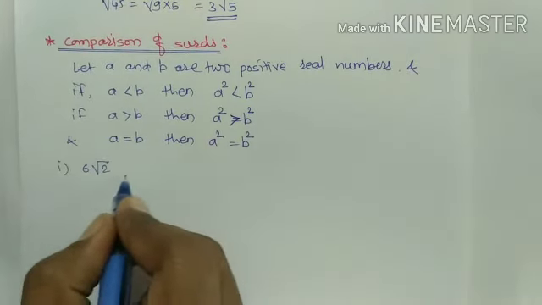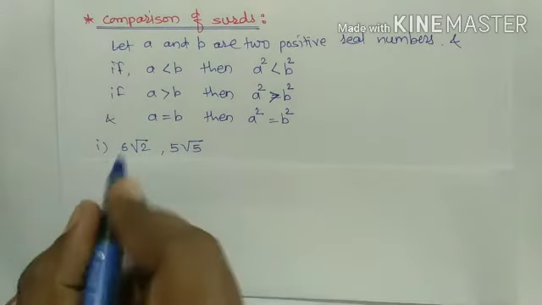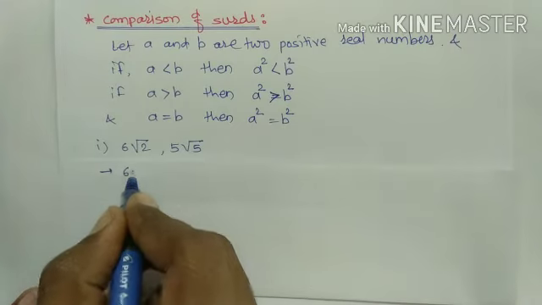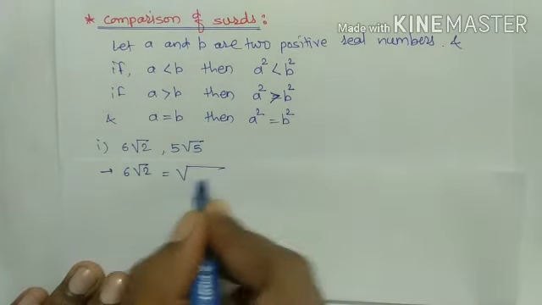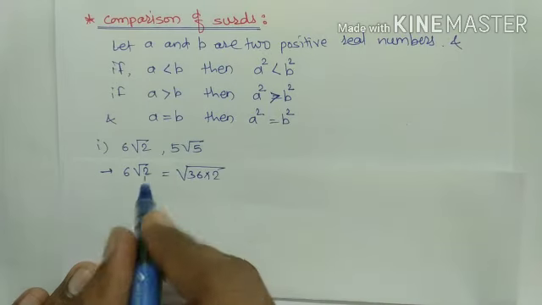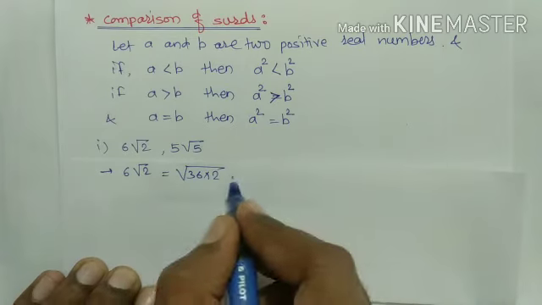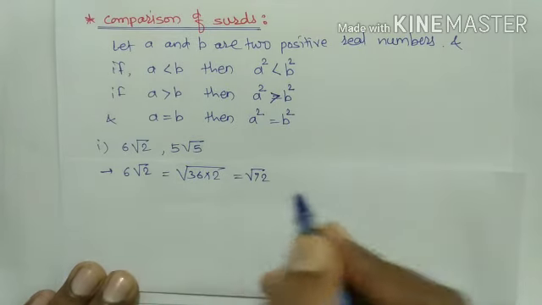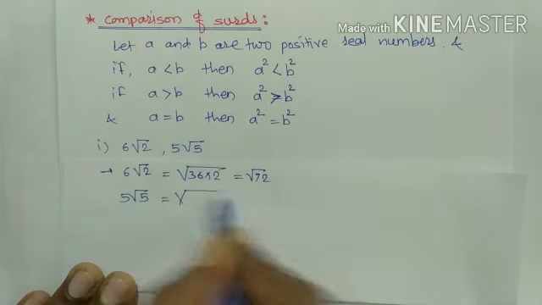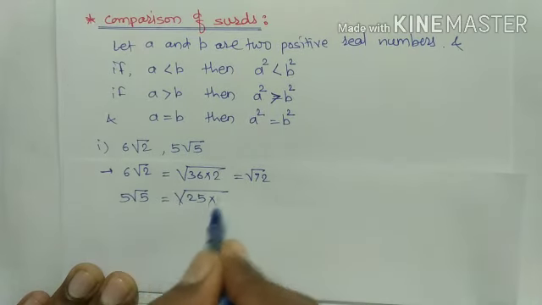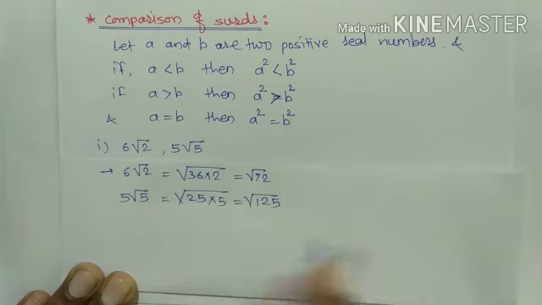The 6 root 2 and 5 root 5. Here we compare these two. First we convert this into pure surd. 6 root 2 equals root of 36 into 2, because the order of the surd is 2. That's why 6 square is 36, into 2 equals root 72. Then 5 root 5 equals root of 25 into 5, that is root 125.